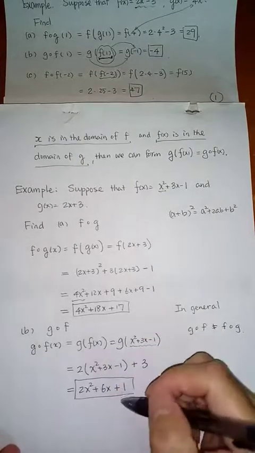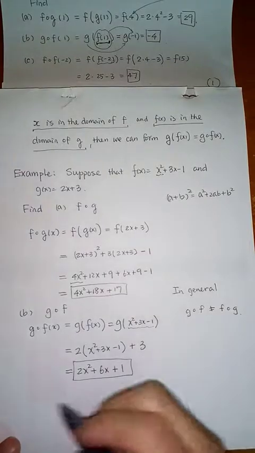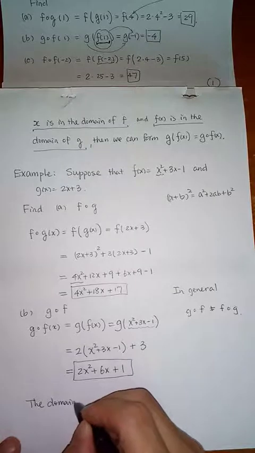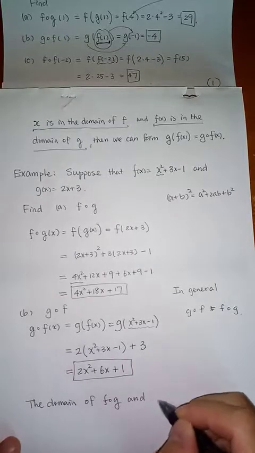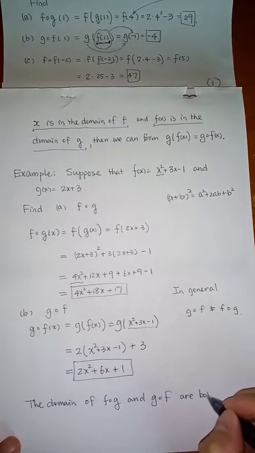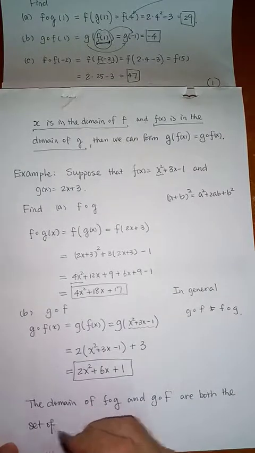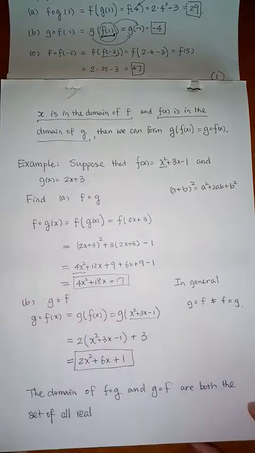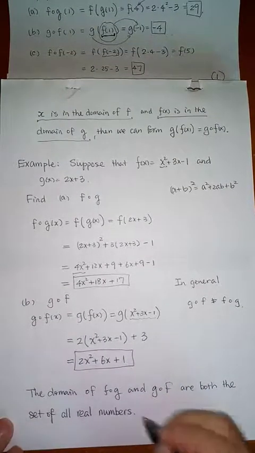They are both polynomials. We know that the domain of a polynomial is the set of all real numbers. So the domain of f composed with g and g composed with f are both the set of all real numbers.